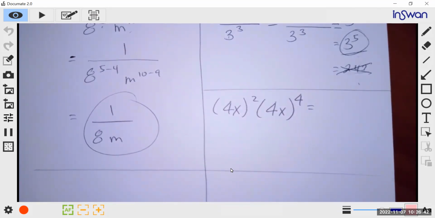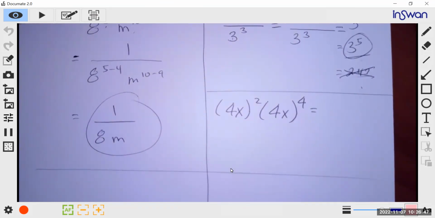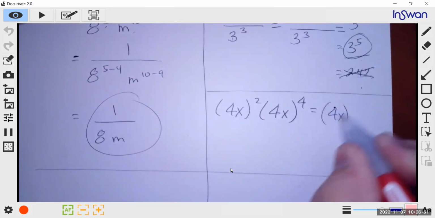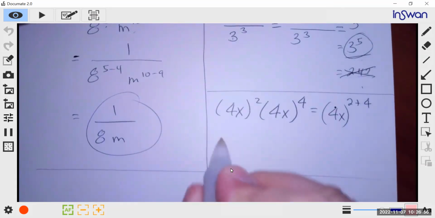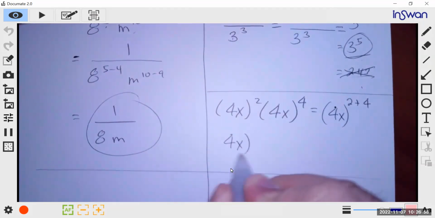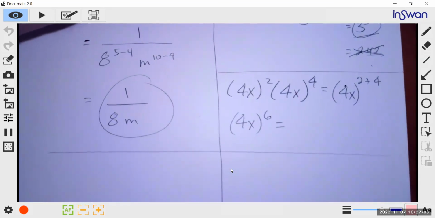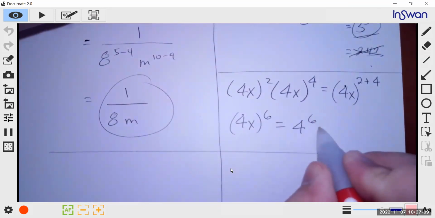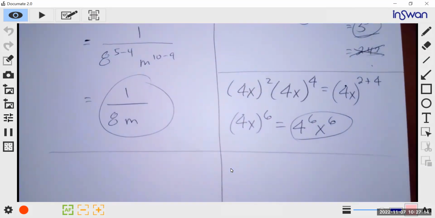I don't know if everybody did catch that. We have the same bases. If you have the same bases, what do you do with the exponents? Add the exponents. Okay, we're not done yet, because we still have parentheses. Then you get rid of the parentheses. Very good.